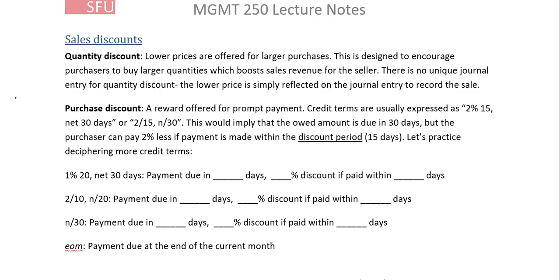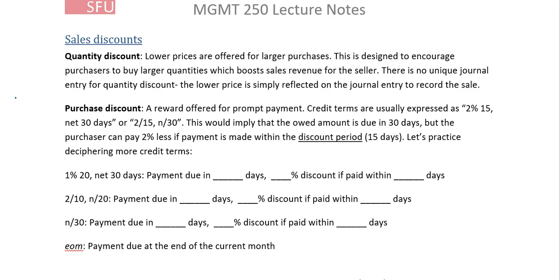This is designed to encourage purchasers to buy larger quantities, which boosts sales revenue for the seller. There is no unique journal entry for quantity discount. The lower price is simply reflected on the journal entry to record the sale.